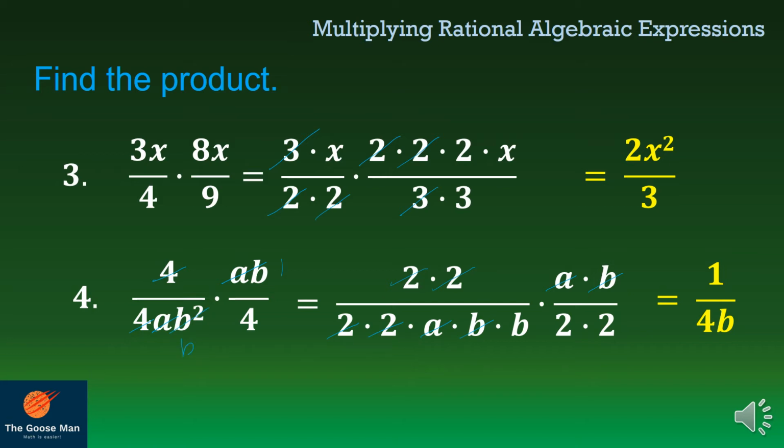B squared divided by b is b. So, again, multiplying here, 1 times 1 is 1, 1 all over the factors of 4 times b, which is 4b. So this is another way of multiplying rational algebraic expressions.